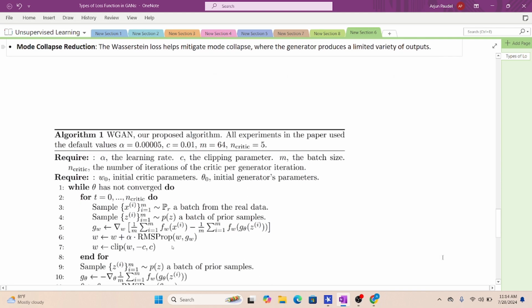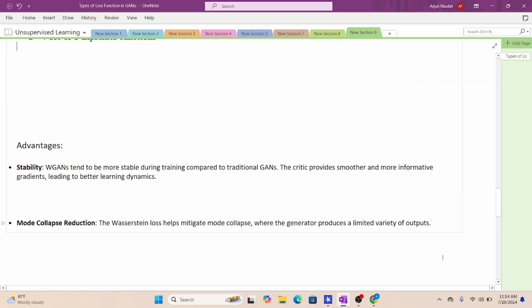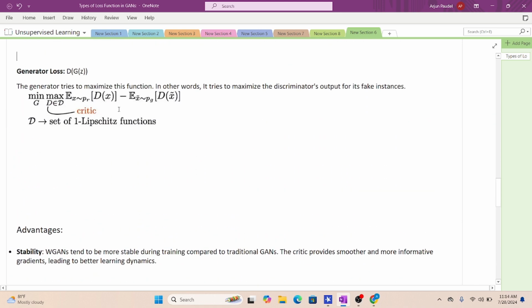And we have two approaches to impose this constraint, to make the discriminator a set of one-Lipschitz functions. First of all, we clip the weights of the discriminator between 0.001 and minus 0.001.